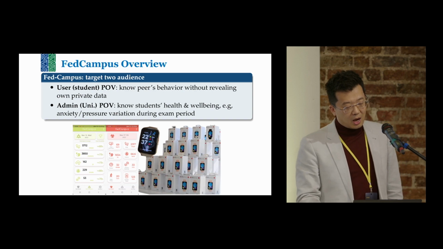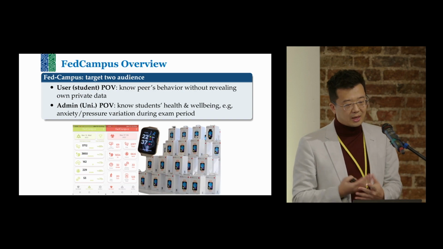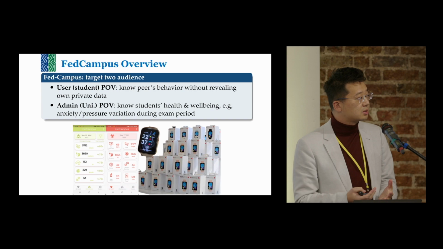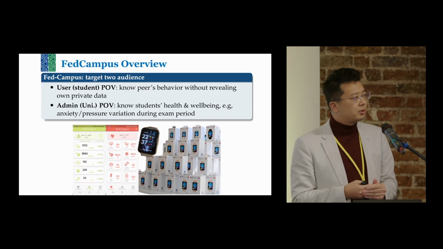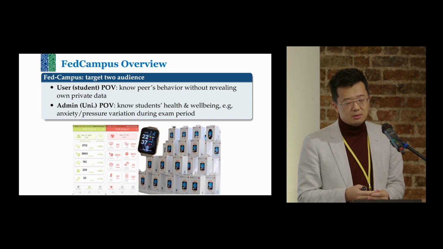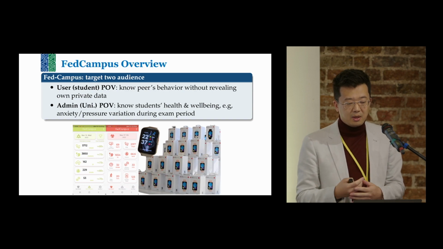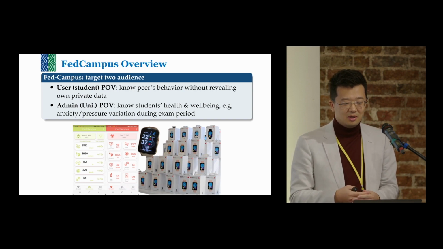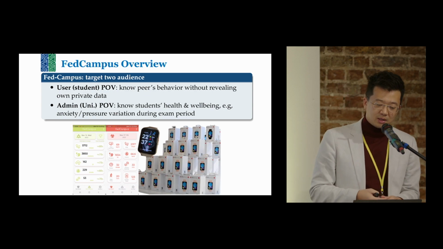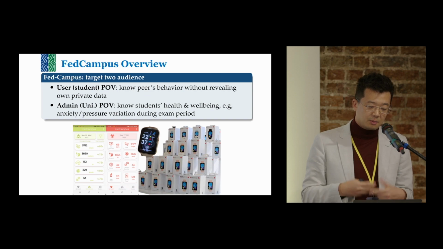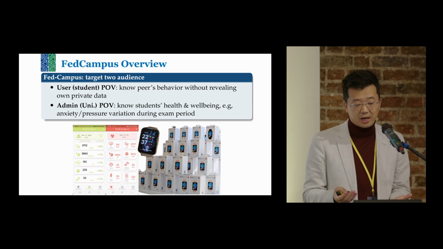Our project targets two kinds of audience. First, the users, from the students' point of view. Students may be interested in their peers' behavior, without revealing their own private data. Another perspective is from the university administration.